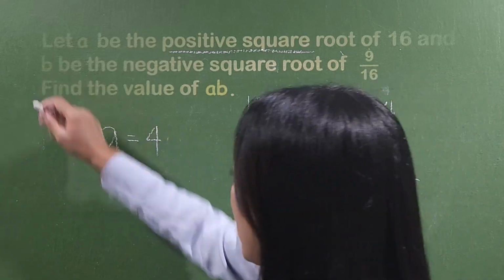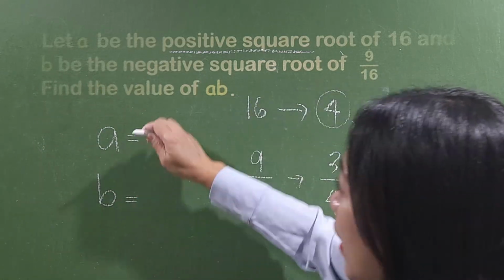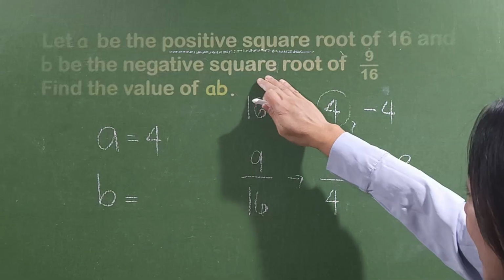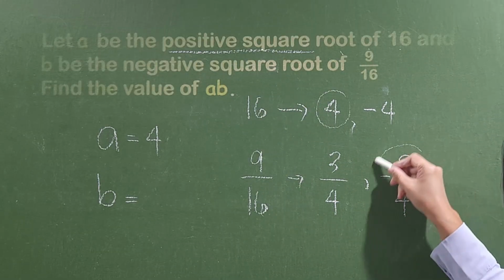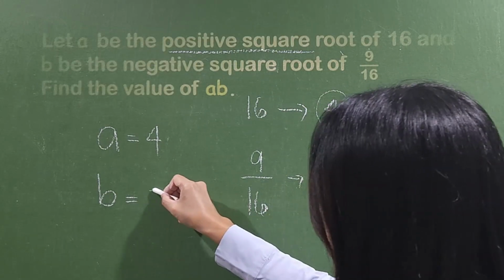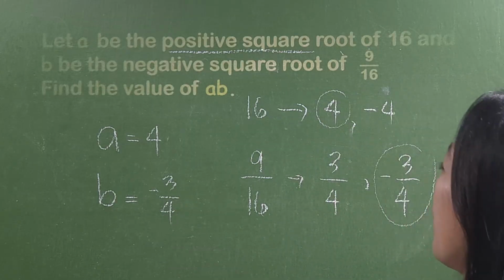The value of B according to this question, we have to get the negative square root, and that would be negative 3 over 4. So B is negative 3 over 4.